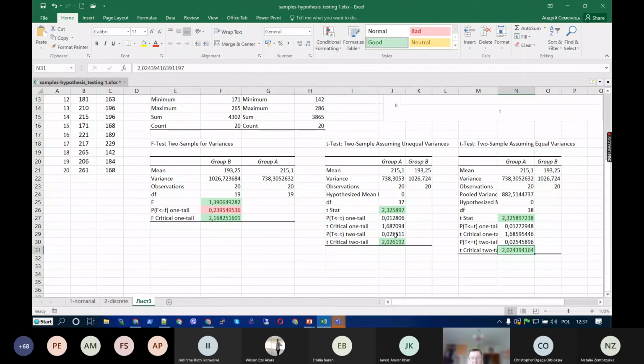I assume two-tailed. And our significance is also very good, because we have a probability of type 1 error of about 2.5%.